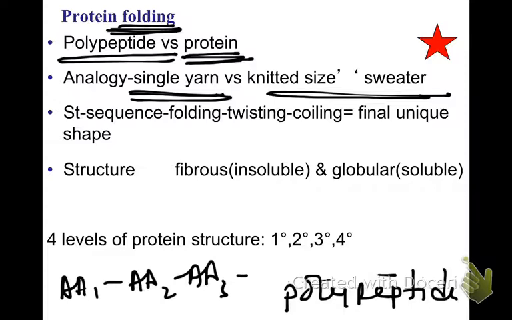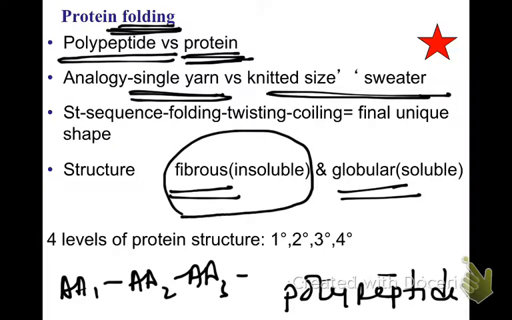So you could have fibrous insoluble proteins or globular soluble proteins. The fibrous insoluble proteins will have a larger percentage of non-polar amino acids present in them, whereas the globular soluble ones will have polar, acidic, or the basic kinds in them.